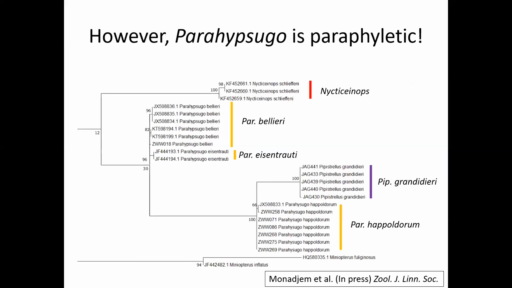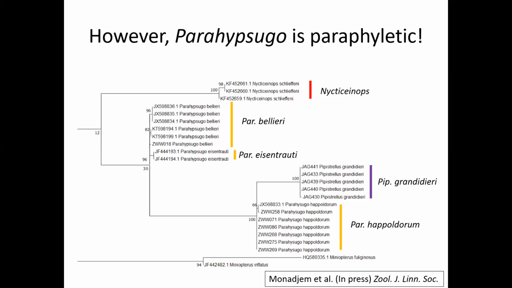However, and here we come back to the same problem of paraphyly. The genus Parahypsugo is not monophyletic. And I've named the different genera here. I've color-coded them with different colors. Parahypsugo is the straw-colored brown, Pipistrelle is the violet, and Nycticenops is the red.